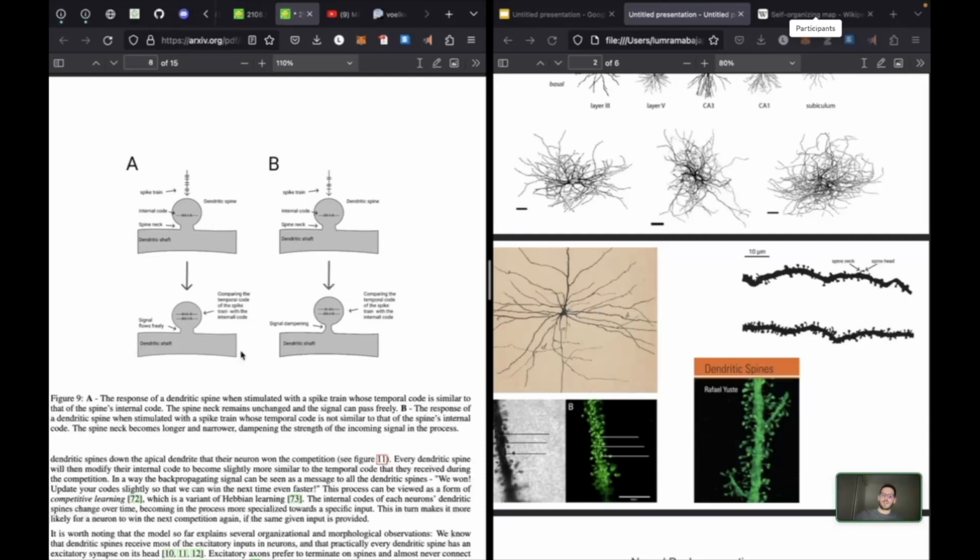Sorry, one thing first. In this hypothesis, I'm assuming it's simpler to assume that the spine apparatus somehow has the ability to detect spike trains, and then the spine apparatus can decide if it wants to release calcium ions or absorb calcium ions.